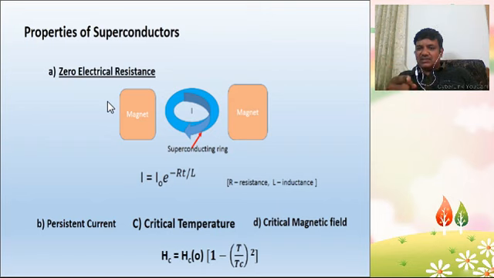This is a relationship between temperature and field. Normally we have a transition temperature, or the critical temperature, at which you have the transition from a normal conductor to a superconductor. But when an external field is applied, for example Hc2, we have to go to lower temperatures.